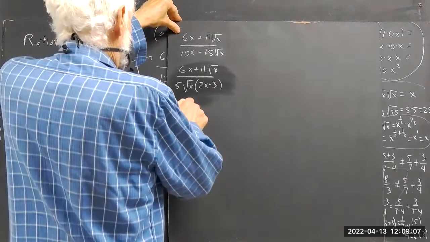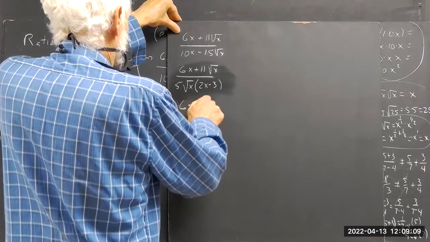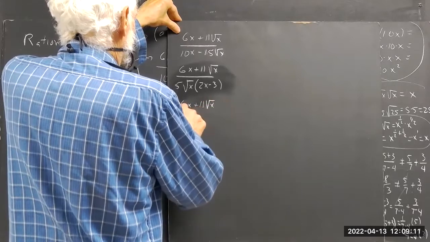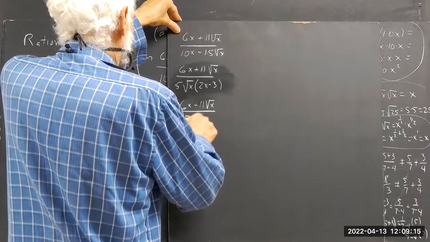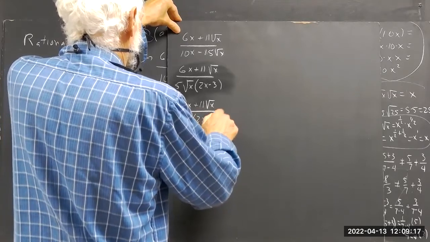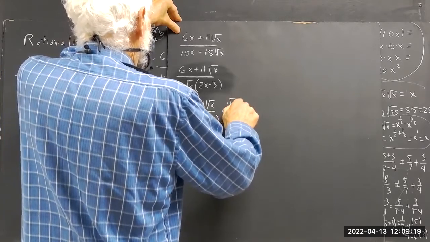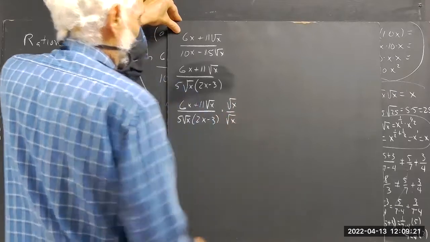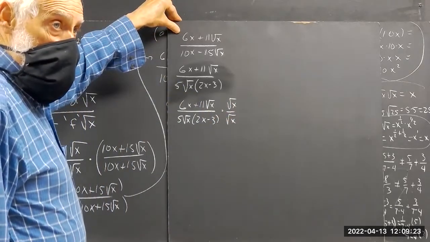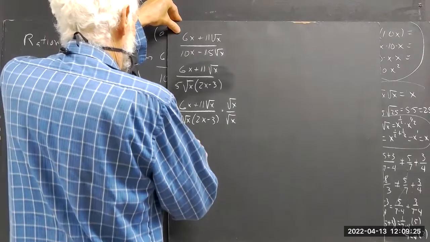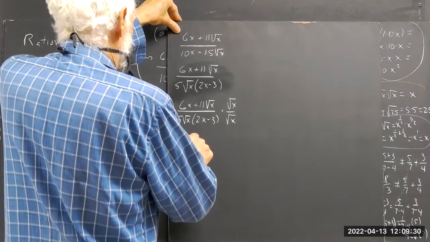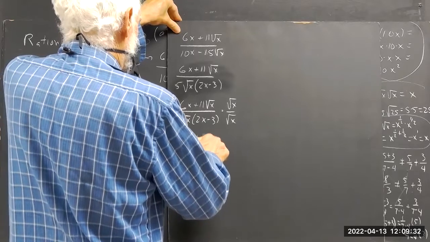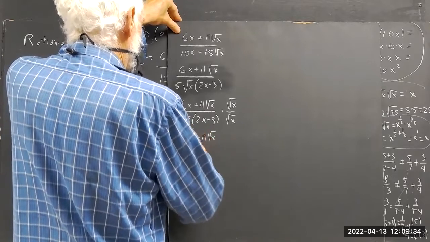So we can say, okay, that's 6x, that's 11 square root of x, over 5 square root of x times (2x - 3), multiplied by the square root of x over the square root of x. Okay. And that's then setting out all the detail.